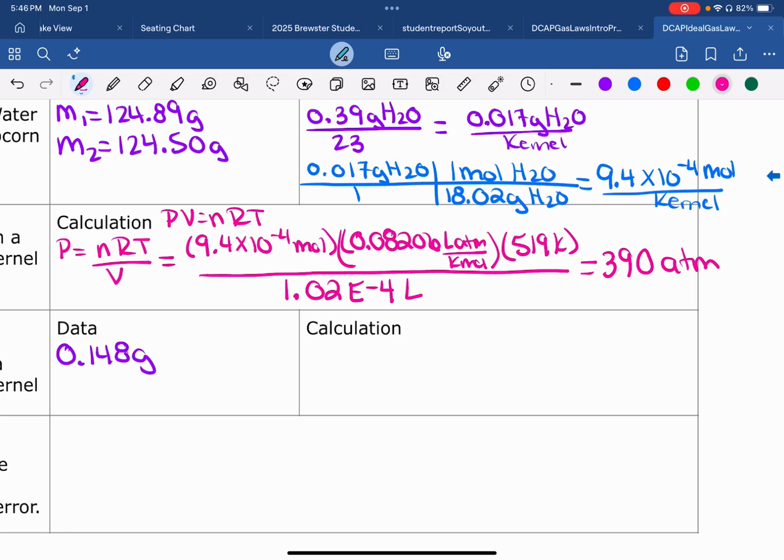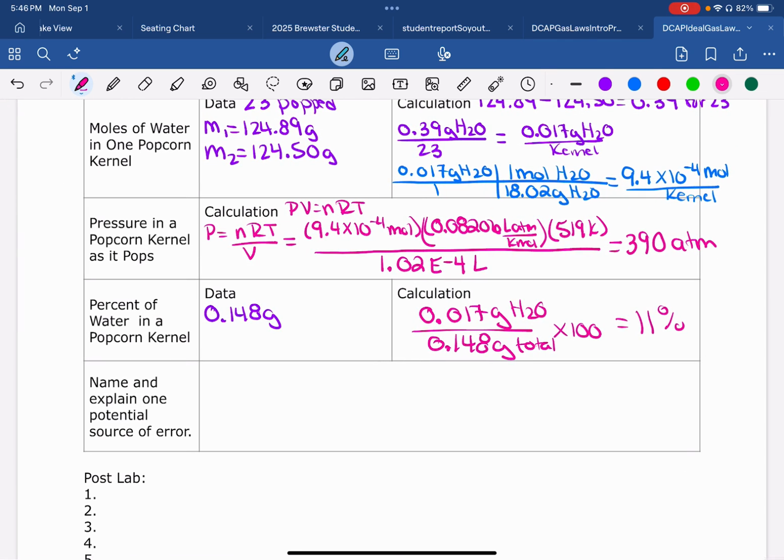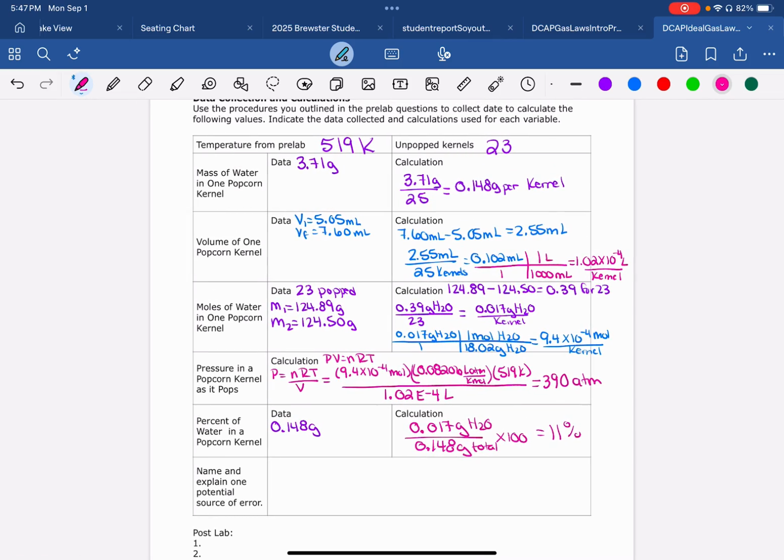So to figure out how much I have per kernel, I take 0.017 grams H2O divided by 0.148 grams total times 100, that equals 11%. Okay. The last question is on you, where you think you might have made a mistake or had an error, but that is the calculation work for the popcorn lab.